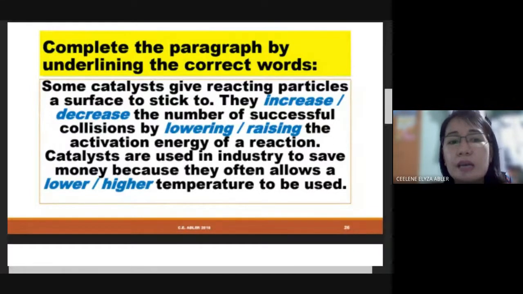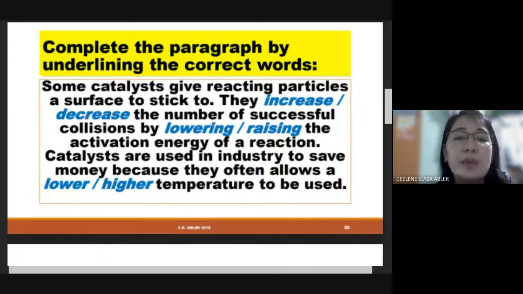So they have a surface to stick to, which we call the substrate. Okay. They increase or decrease the number of successful collisions by lowering or raising the activation energy of a reaction. Catalysts are used in industry to save money because they often allow a lower or higher temperature to be used.